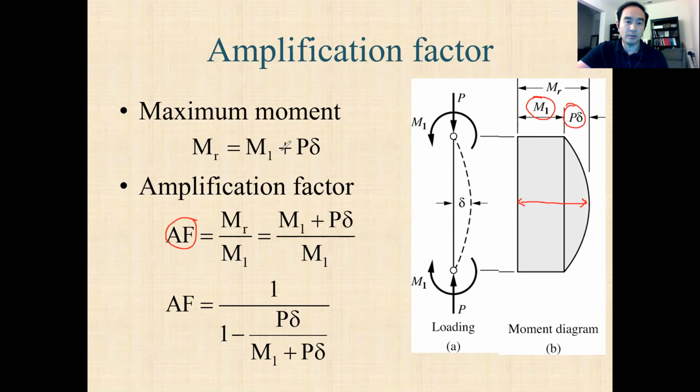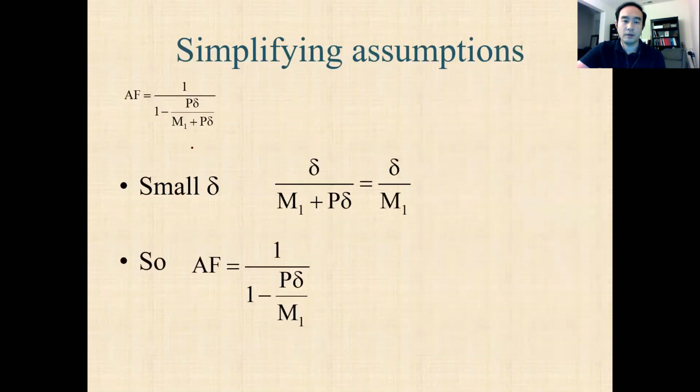And since MR is M1 plus P delta, right here, we can simplify it as this AF amplification factor is going to be equal to 1 over 1 minus P delta divided by M1 plus P delta. Okay. And for the small delta, we can simplify it as AF of 1 over 1 minus P times delta over M1.